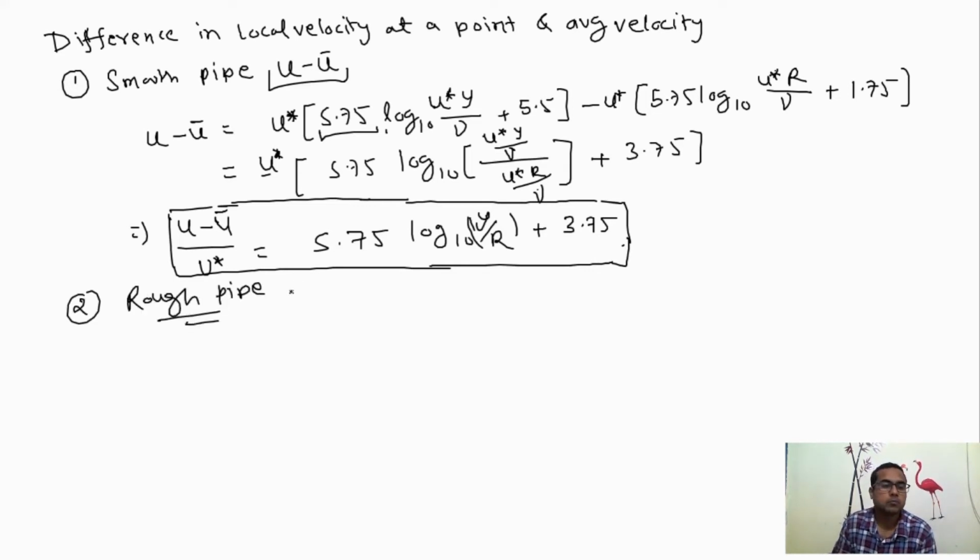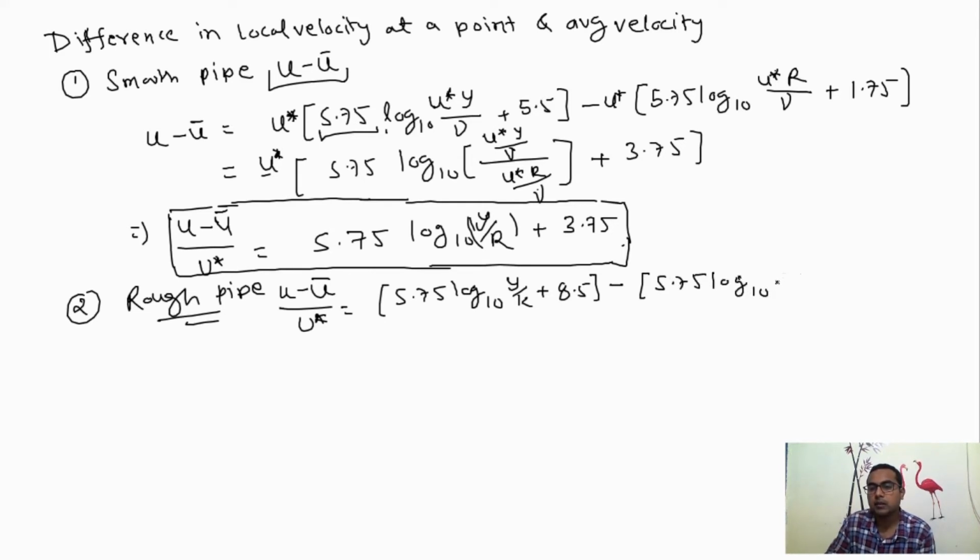So for the rough pipe, do all this again. So I'm going to get this expression directly here. So what is u? Here you can see 5.75 log base 10 of y by k plus the constant value, minus 5.75 log base 10 of R by k plus the constant value 4.75, and this will give you what?